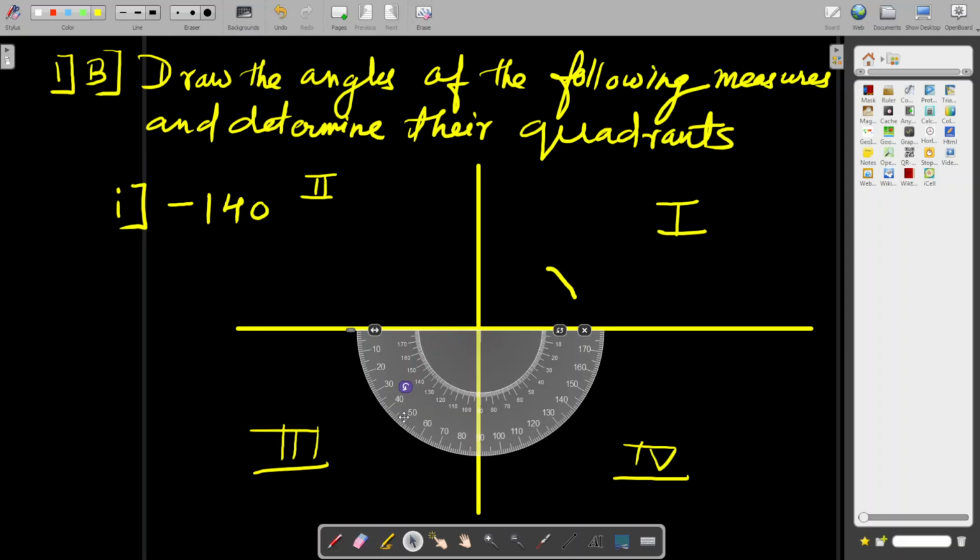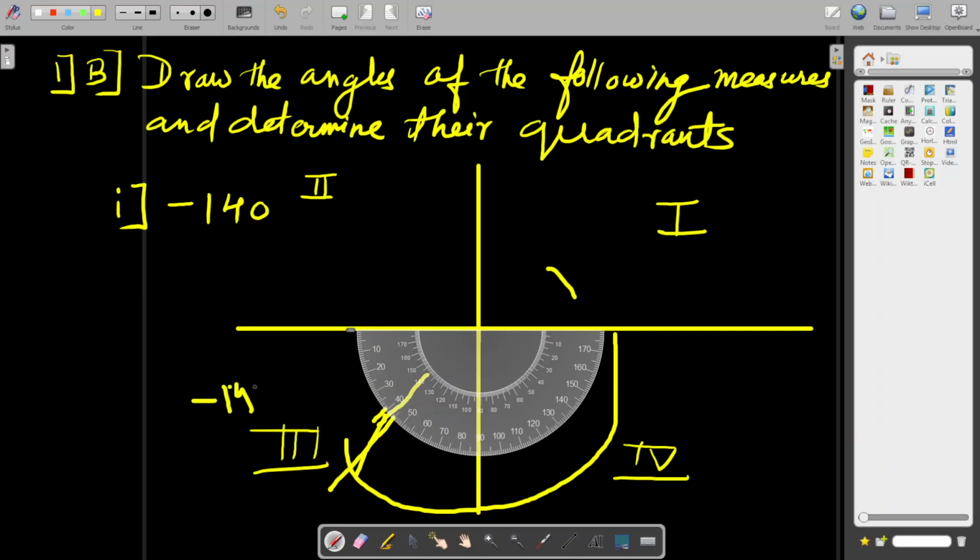So 140 comes here, that is minus 140. We will take from this direction and come here because we are going in clockwise direction, so the angle will be negative. So minus 140 will be here in the third quadrant.